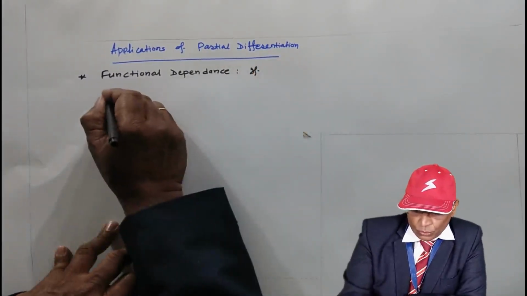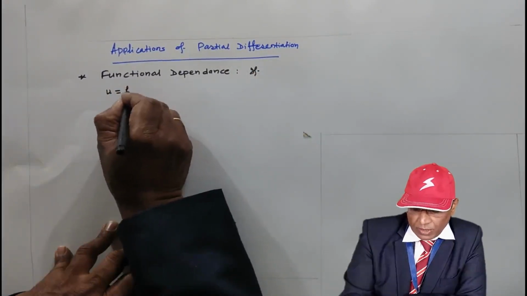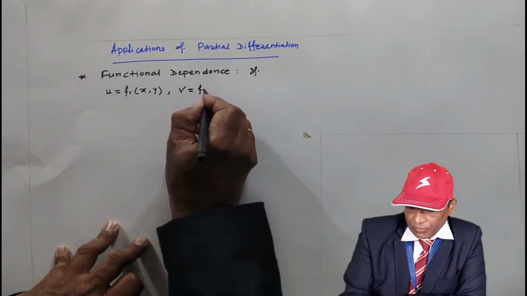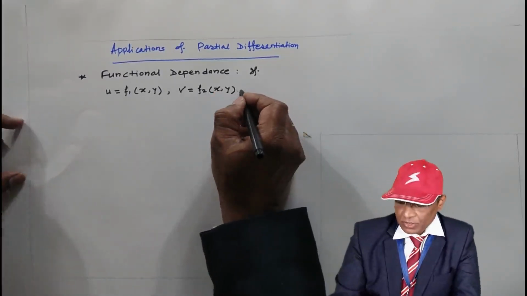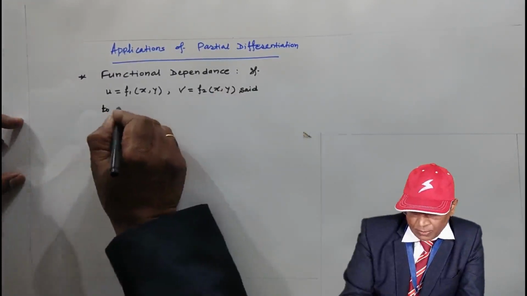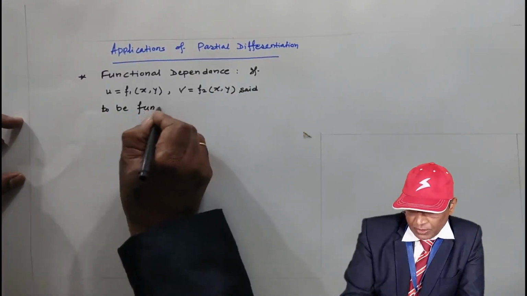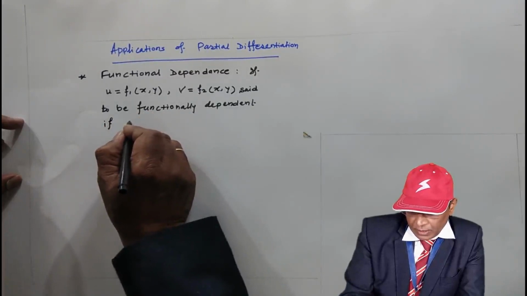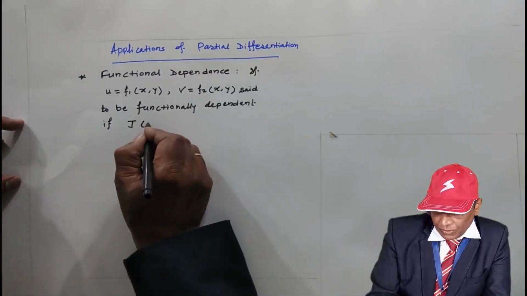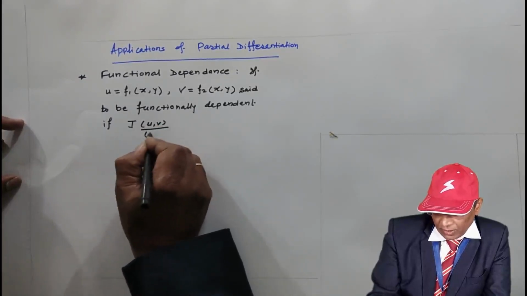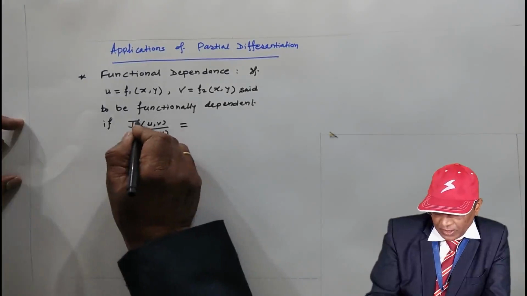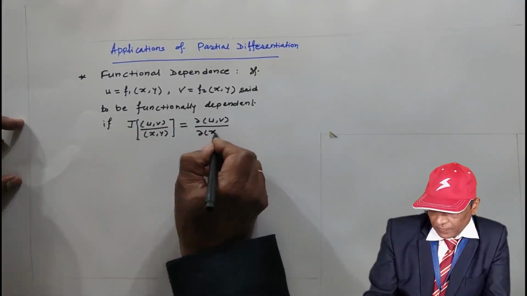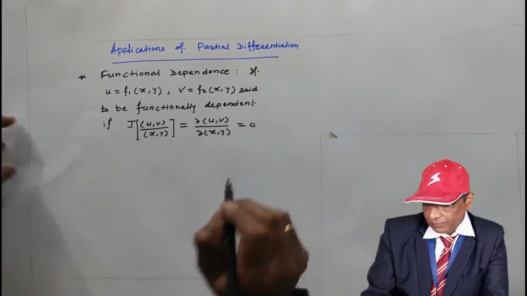If u and v are functions of x and y, they are said to be functionally dependent if the Jacobian of u and v with respect to x and y, which can be written as del of uv by del of xy, is equal to 0.